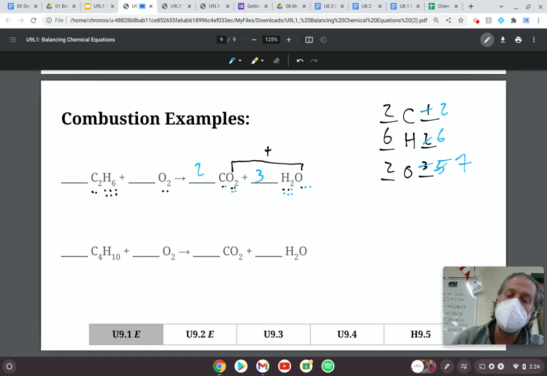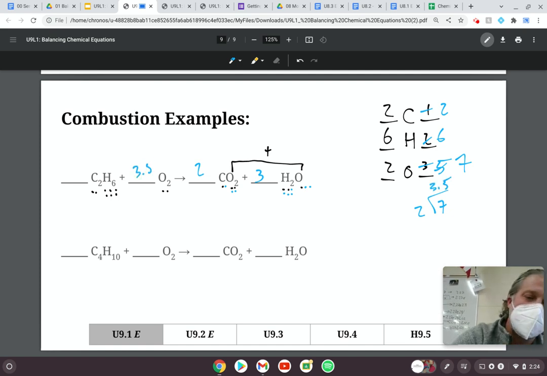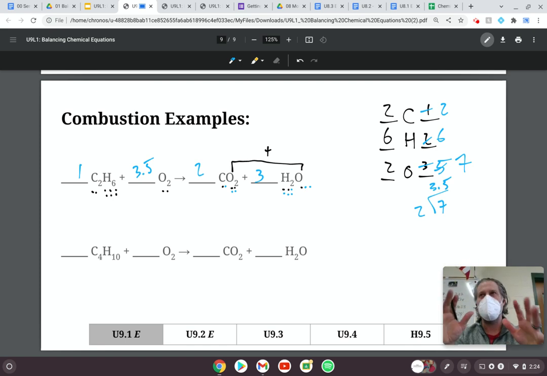Now, the easiest way for me to balance this is to simply take the number of oxygens and divide it by 2. 7 divided by 2 is 3.5. Trouble is, you can't have half of an oxygen. You either have an oxygen or you don't. So we can't leave it like this, even though this happens to be balanced.